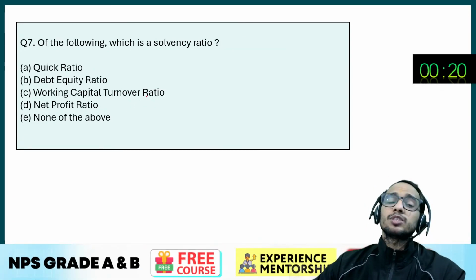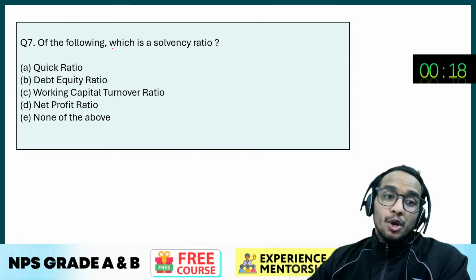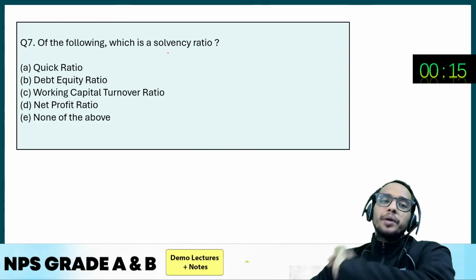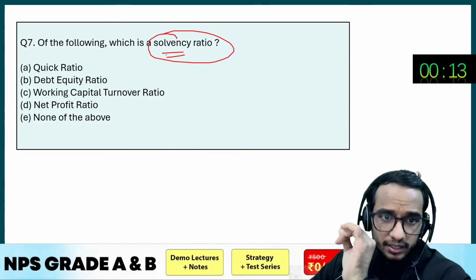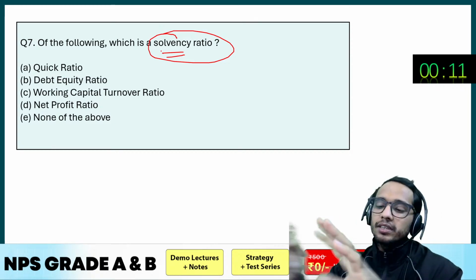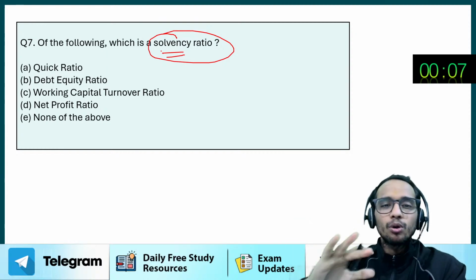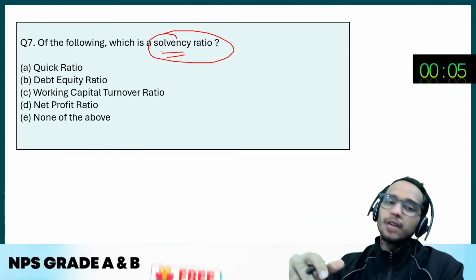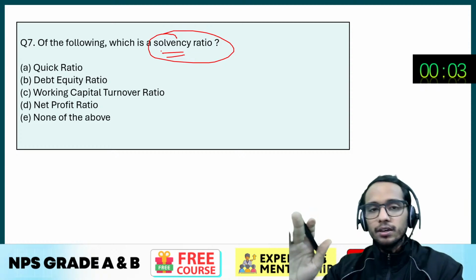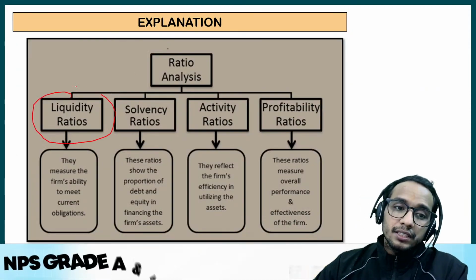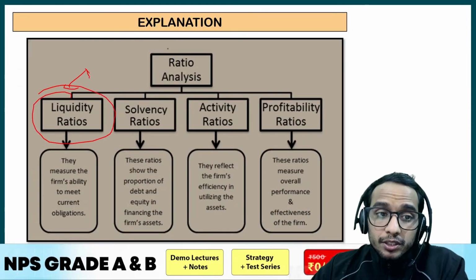Let's move to the next question of the day, which says: which of the following is a solvency ratio? In ratio analysis we have got 4 types of ratios. Let me first explain all 4 types, then we will get back to the question. First one is liquidity ratio. What is this liquidity ratio?